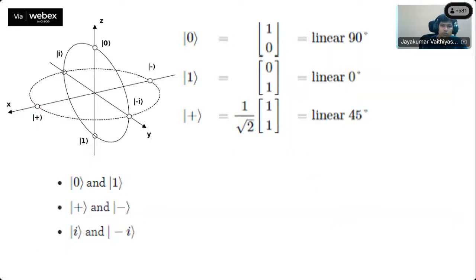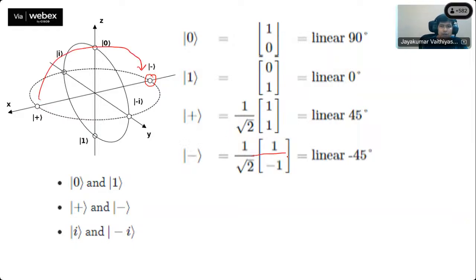So it is equal for both sides. In the same way, look at the negative state, which is opposite to the positive state. That is why the second component has a negative quantity, to depict the opposite side of the sphere.